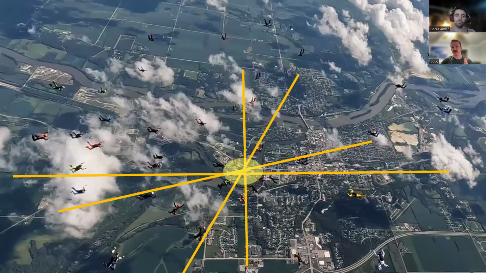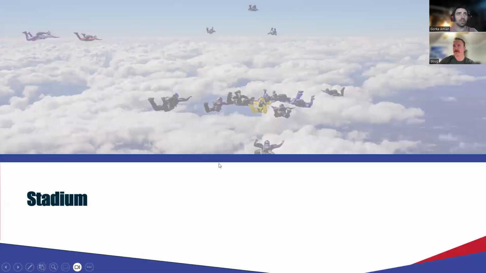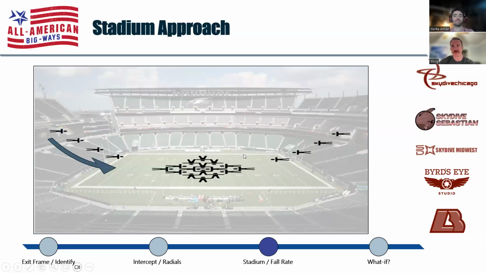We want to move straight on that line as we approach the formation, so that we don't have any crossing patterns through approach. So the radial is the line, and the stadium, which we're going to start talking about next, is how we're approaching the formation, moving down the stadium into our slot into the red zone, which we discussed in chapter 1. Yep, let's go ahead and talk about the stadium.